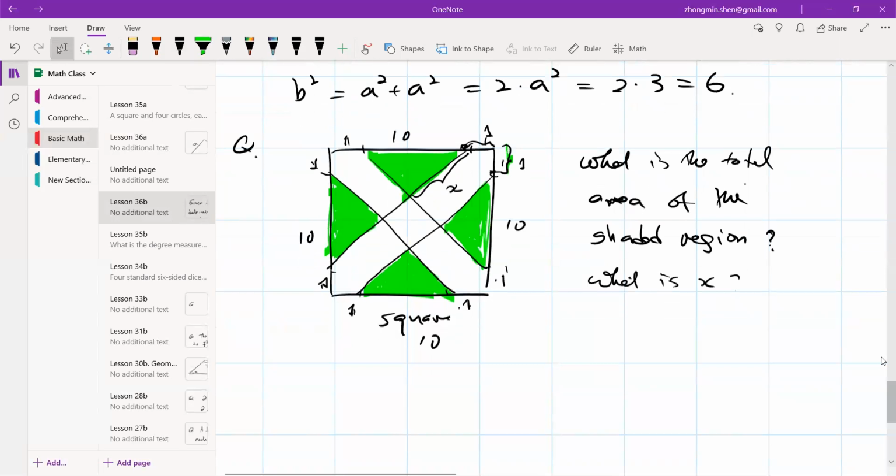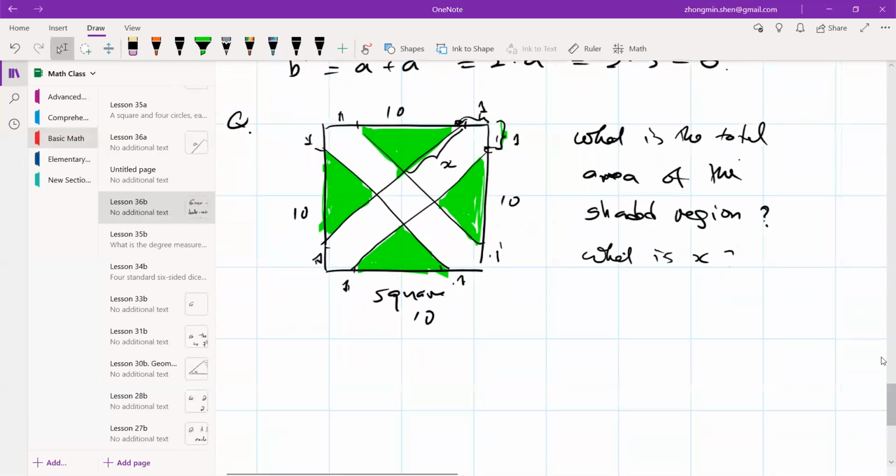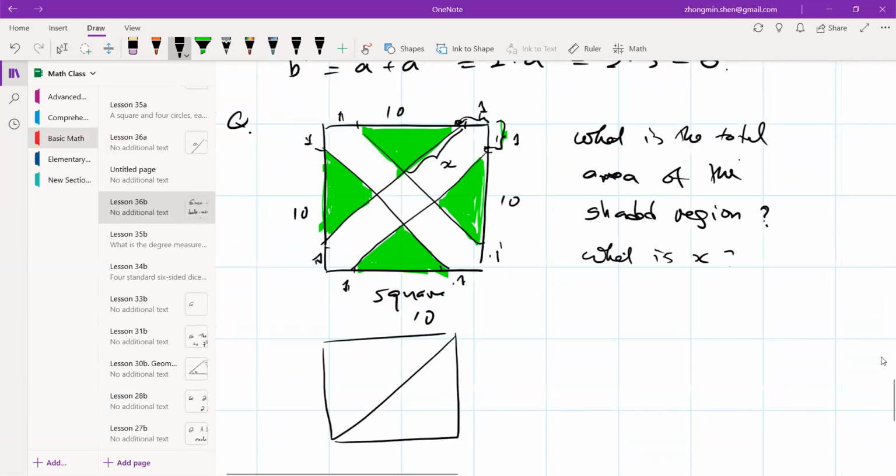You're right. Oh yeah, it is 64. Yeah, that's right. It's just like a puzzle, you shrink it.